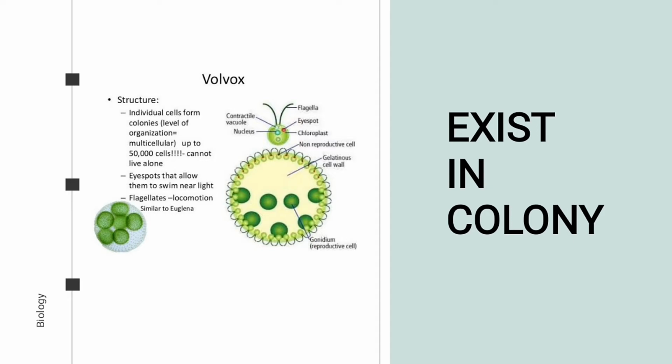So volvox consists of millions of Chlamydomonas. But when these Chlamydomonas exist in cluster or in bunch or in colony, they are called volvox. So that talks about the fact that the aggregate of millions of Chlamydomonas forms the volvox. So that's existing in colony.